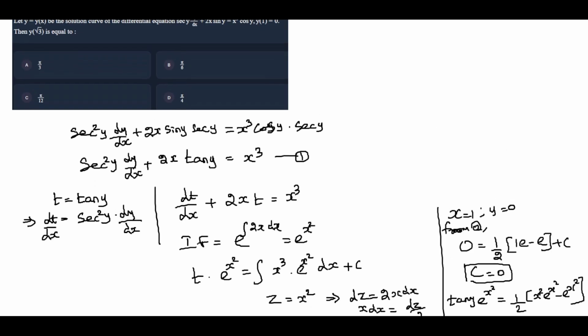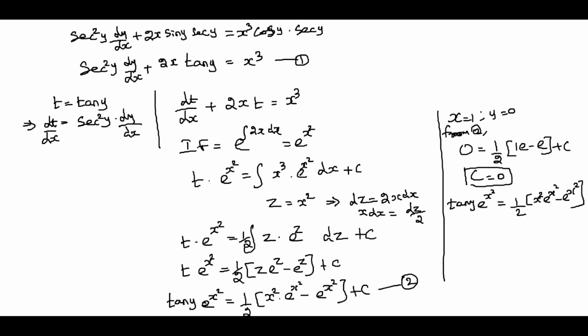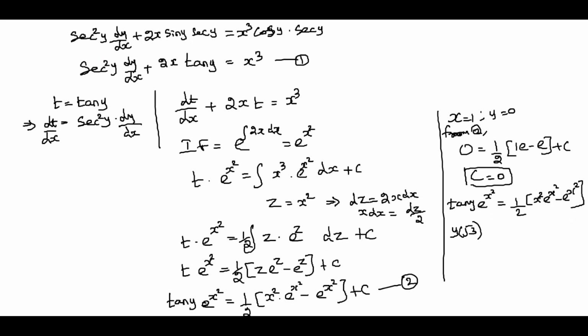Now we need the value of y of root 3. So you have to divide by e power x square completely. So tan y equal to 1 by 2 into (x square minus 1).